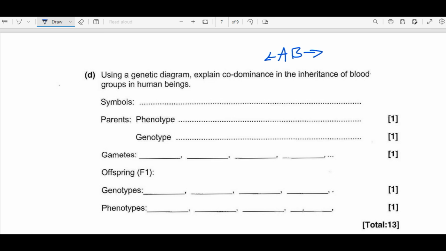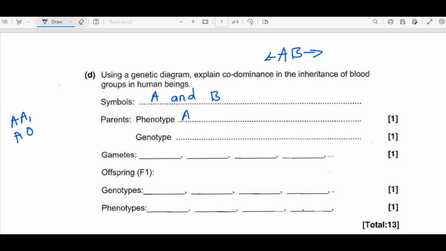So let's look at symbols. The symbols are just A and B. That's our focus. Then the parents' phenotype. To produce this, in each parent there should be an allele for A and an allele for B. So for a male or female, AA can be used or AO can also be used. So let's just use AO.